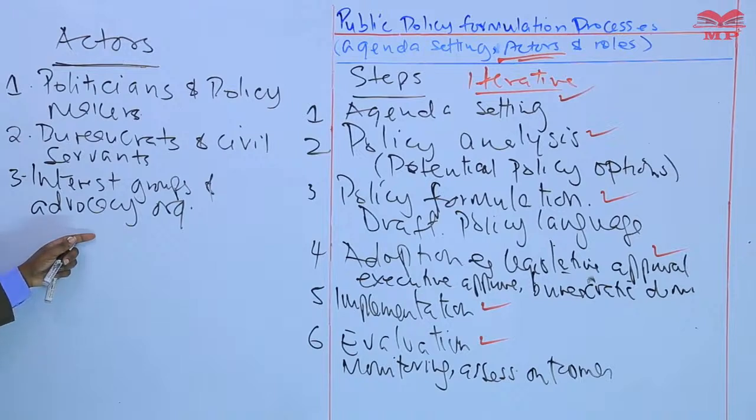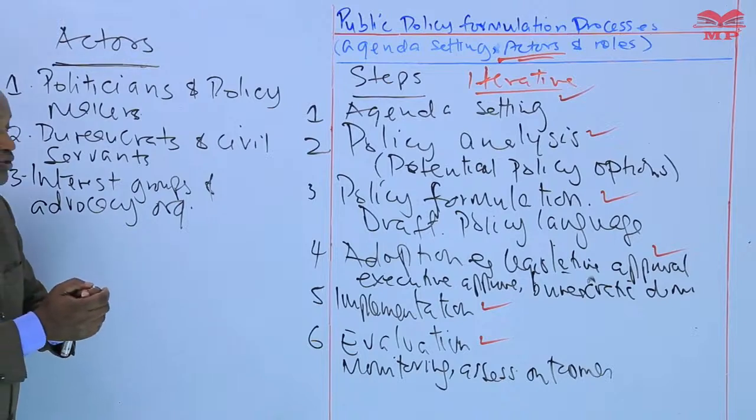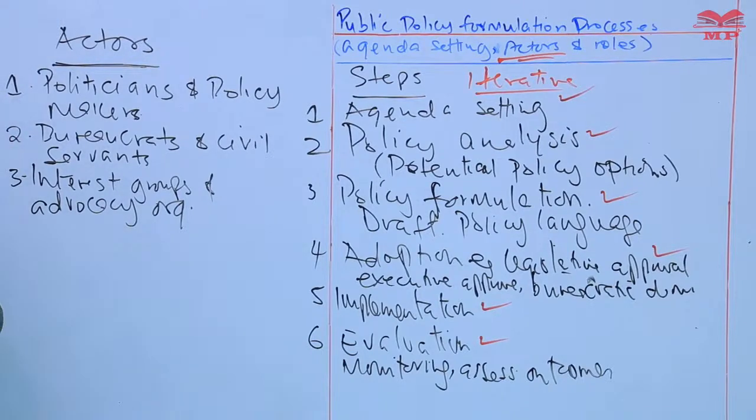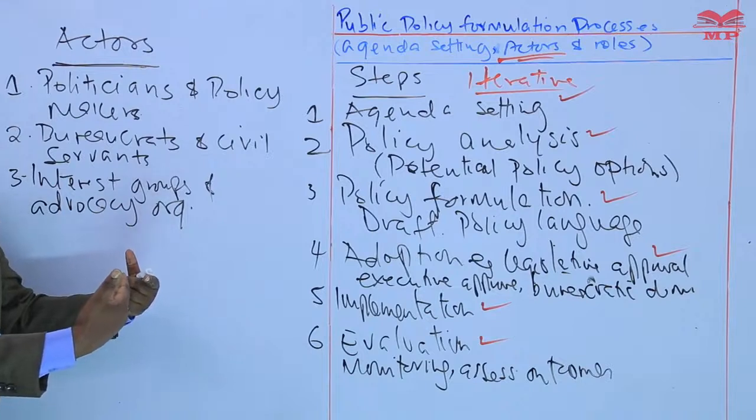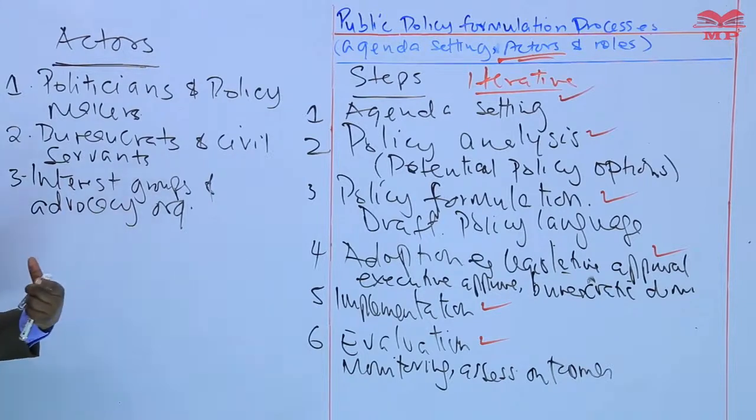These are groups that seek to influence public policy. They may engage in activities such as lobbying, public education, and grassroots organizing. The purpose of their involvement is to advance their public policy priorities.